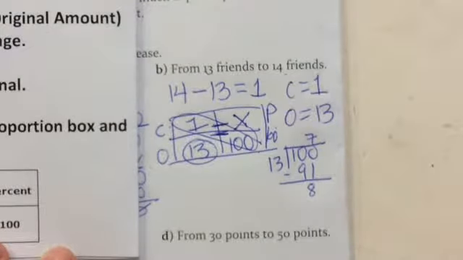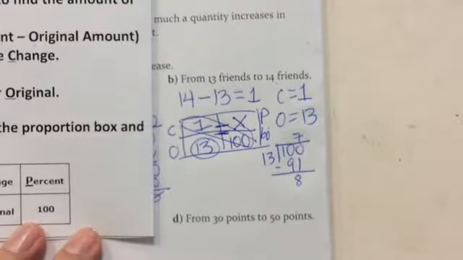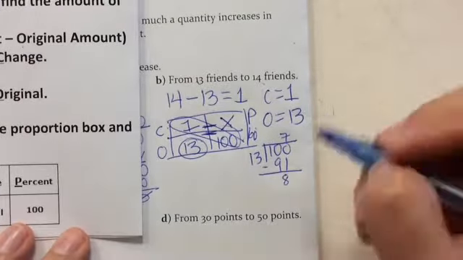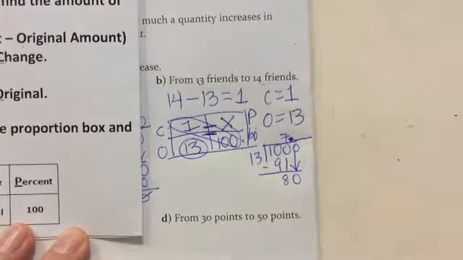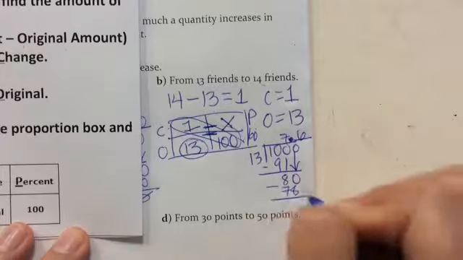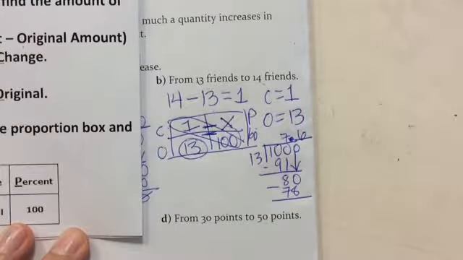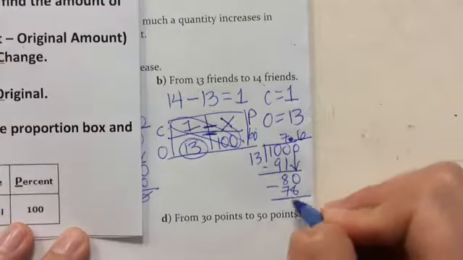We cannot have remainders anymore, remember? So because of that, we're going to put a decimal in the quotient, add a 0 inside the house, and bring it down. 13 goes into 80 6 times. 13 times 6 is 78. And when I subtract, counting from 78 to 80, that's 2 left over.